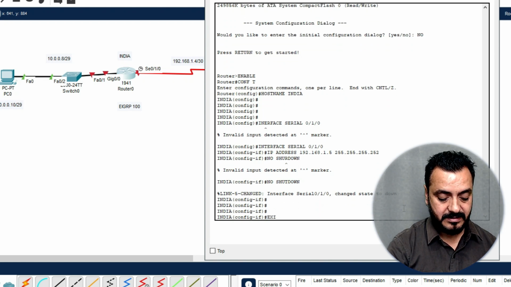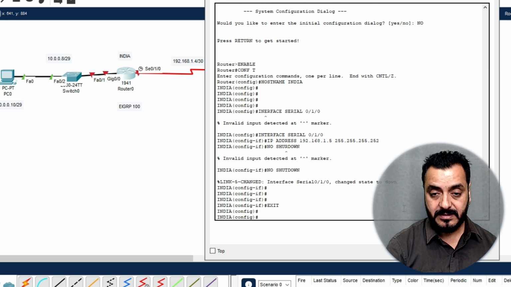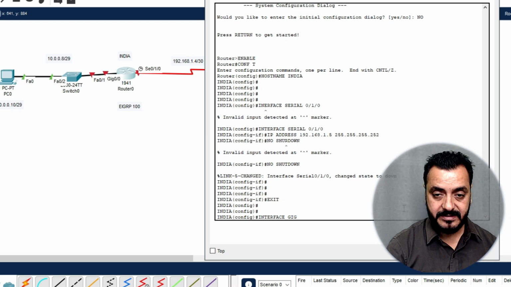That's it. We have assigned the IP address to the WAN interface. Now we are going to assign the IP address to the LAN interface, that is gigabit Ethernet interface, its number is 0/0.